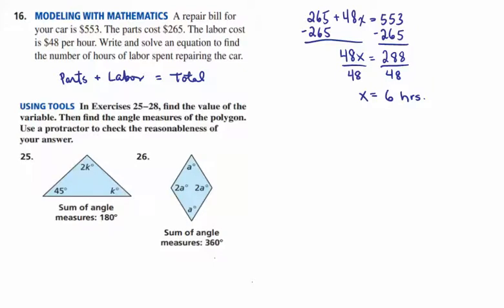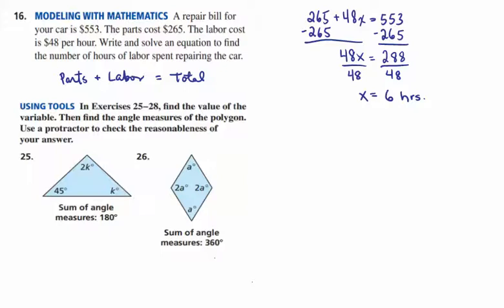In the next two problems, 25 and 26, we have these geometric examples where we are working with the sum of angle measures in a triangle first and in a quadrilateral second. Now we're told that, but many of us already know, that the sum of angle measures in a triangle has to add up to be 180.